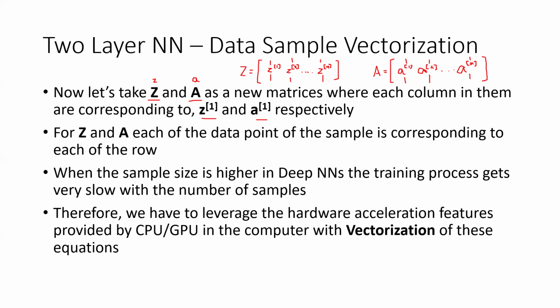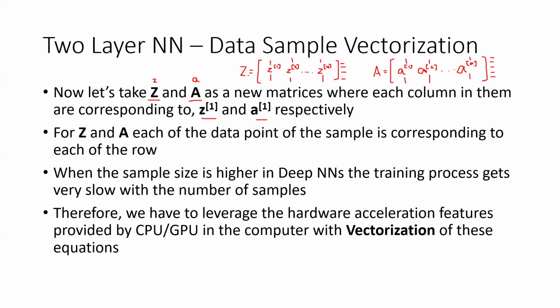So when you take this Z matrix, each of the data points corresponds to each of the rows of the Z matrix, right? It is similar to the A matrix as well. Each of the rows in the capital A matrix would correspond to each of the data points, right?